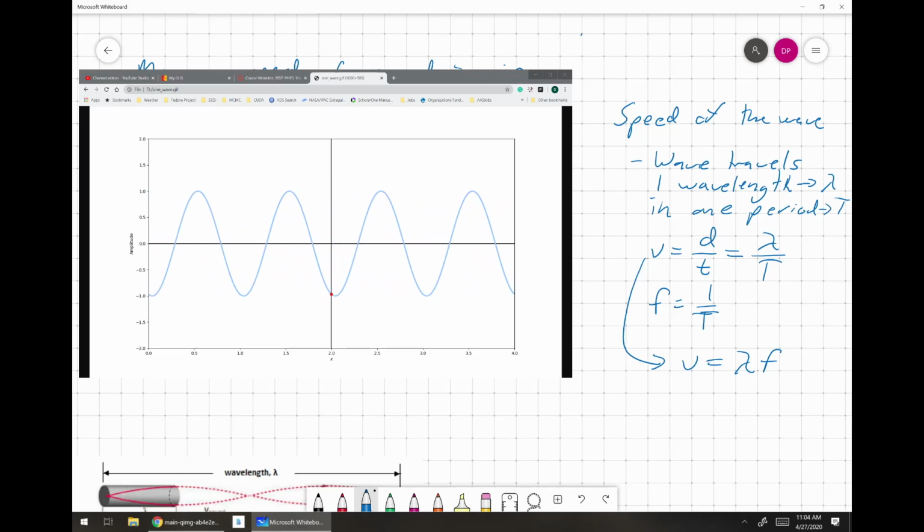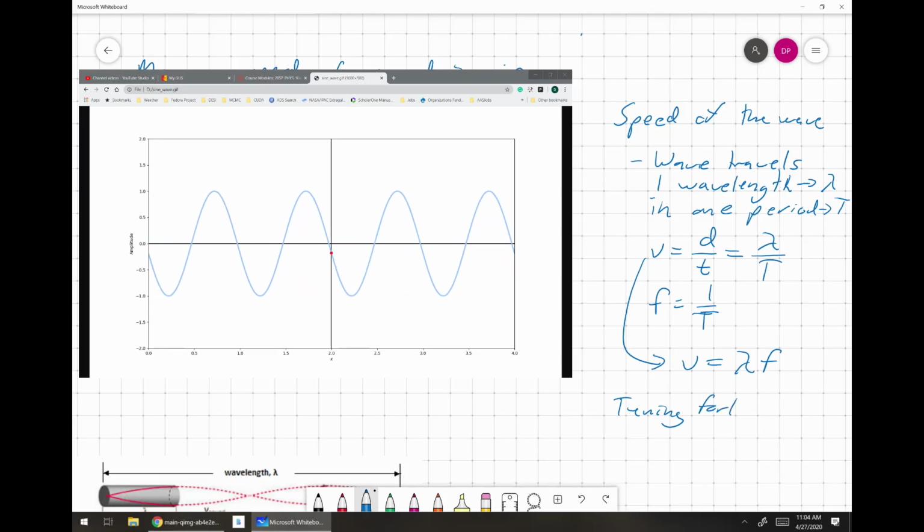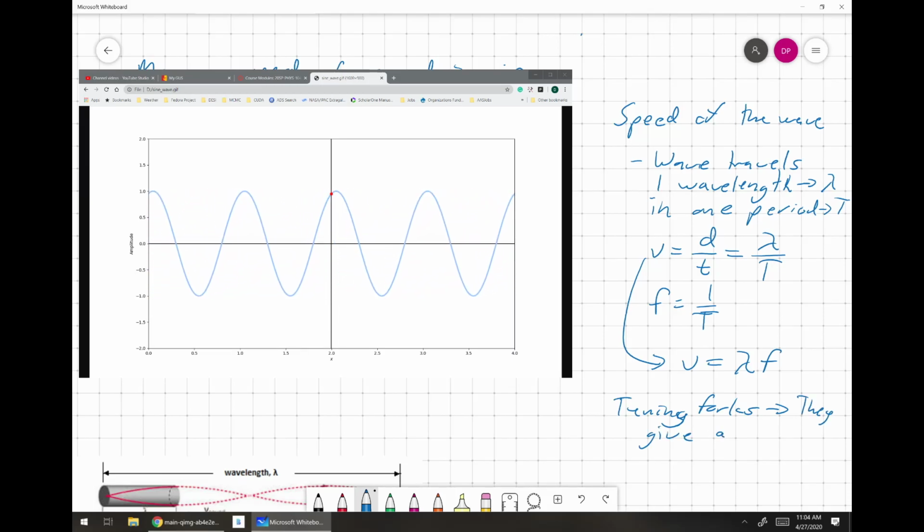So if we are using tuning forks, they give us the frequency. A particular tuning fork will have a particular frequency with which it will resonate. And so you can listen. So here is the 512 hertz tuning fork.